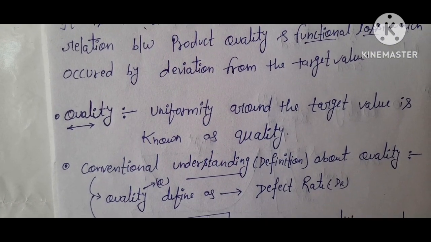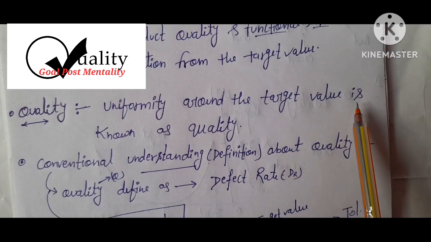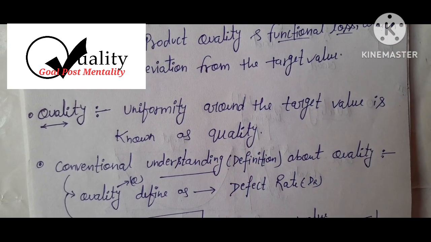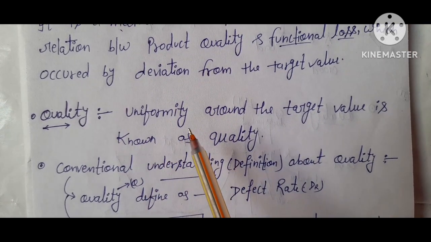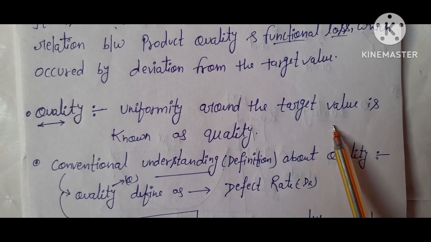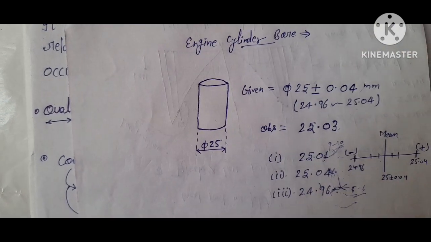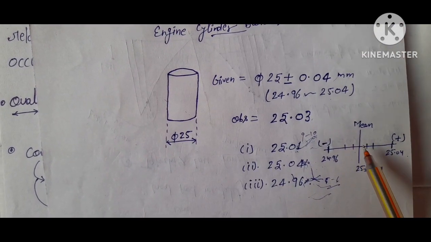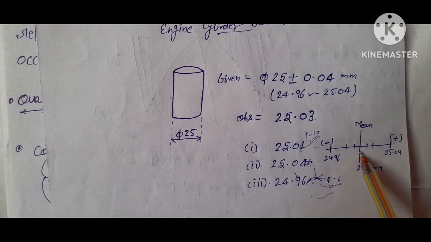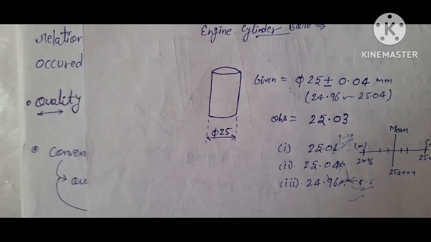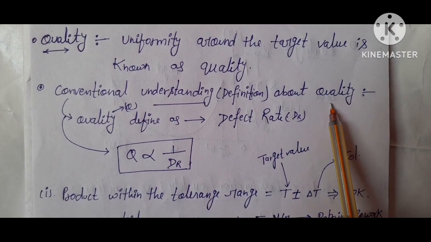And if you define quality, uniformity around the target value is known as quality. Friends, this is the best definition of quality. As seen in this picture, 25 is the target value, and uniformity around this 25 mm is known as quality.